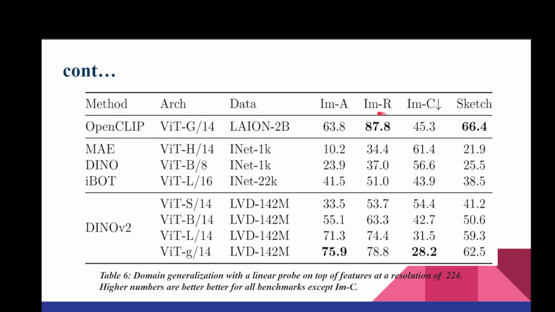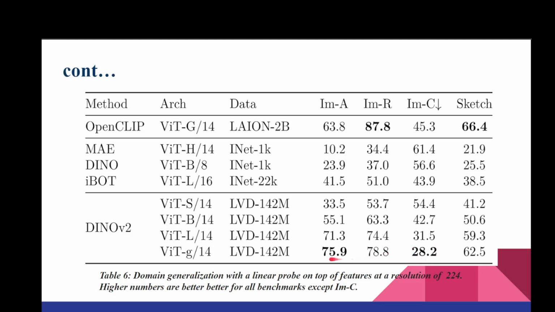It has an IMR score of 87.8, an IMC score of 28.2 and 75.9 IMA score. For IMC, the lower the score, the better it is, so it has a lower score and is performing better.